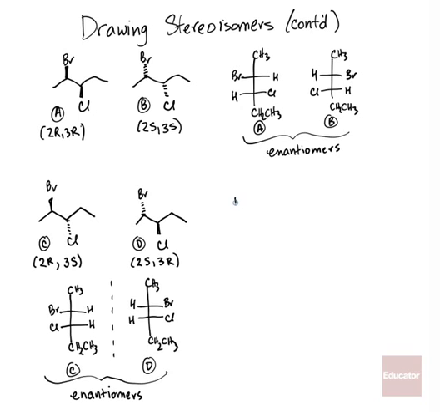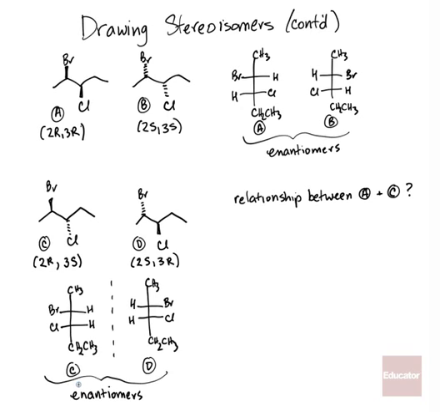The question that you might be asking is then what is the relationship between A and C? So A and B are enantiomers of each other. A and C are clearly stereoisomers because they're both 2-bromo-3-chloropentane. They have the same connectivity.